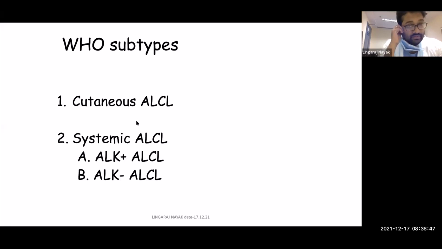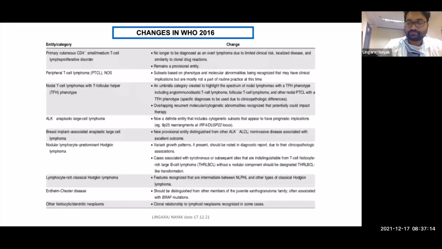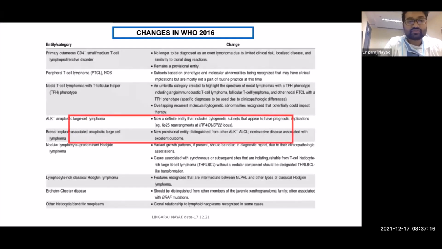Okay, so if we divide ALCL broadly according to WHO classification, it is into two: the broader classification is cutaneous ALCL and systemic ALCL. Now, systemic ALCL is again ALK positive and ALK negative. So this is according to the 2008 classification. In 2016, we have something called breast implant associated ALCL, which is a provisional entity. So this is the 2016 WHO.